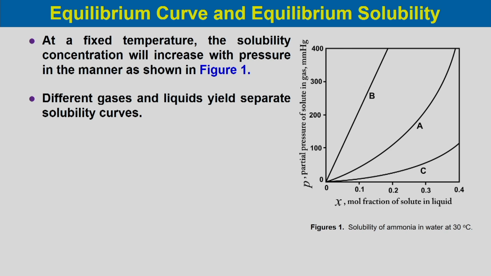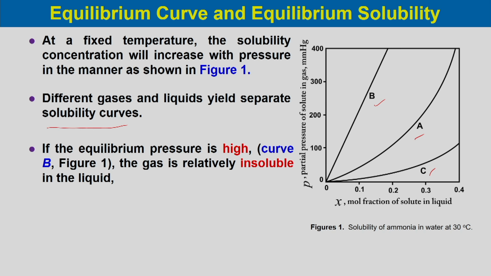So, different gases and liquids yield separate solubility curves. You can see A, B and C, they are 3 different gases, and at a particular temperature and different pressures, they show different solubility in a particular liquid.